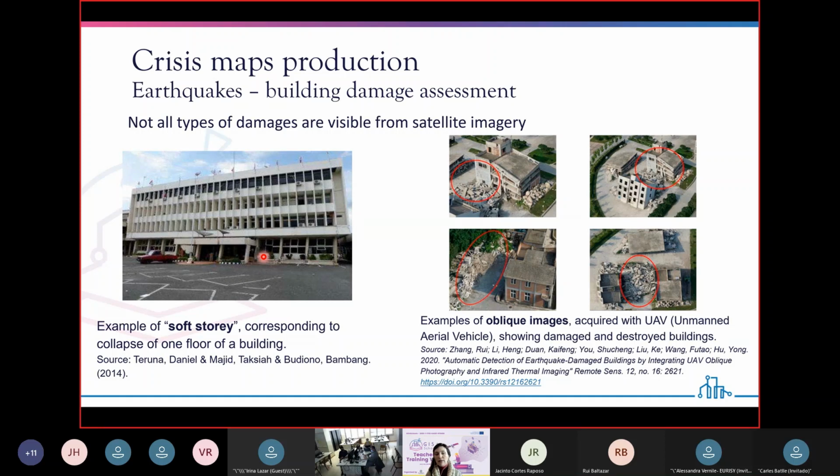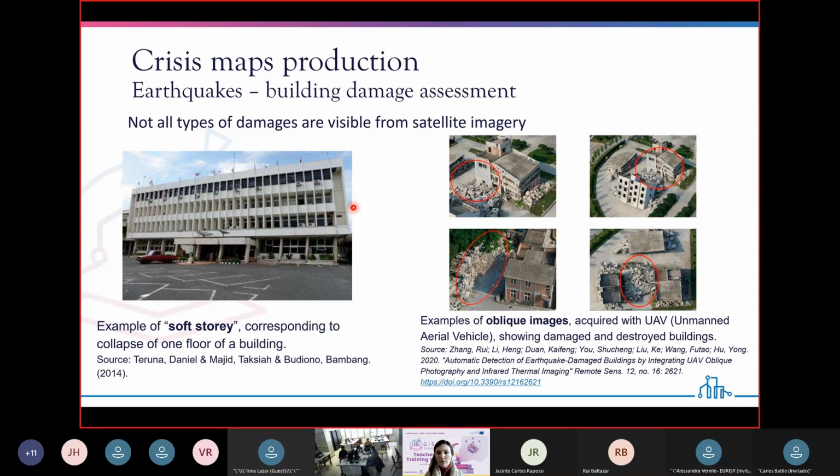So you know that this is an extreme case because from the field, it's evident that the building is completely compromised, but it's not visible from the satellite. But you could have even less extreme situations.